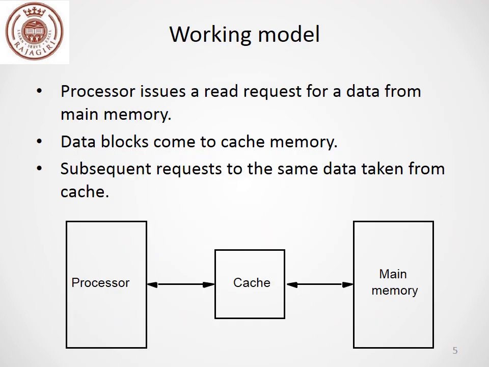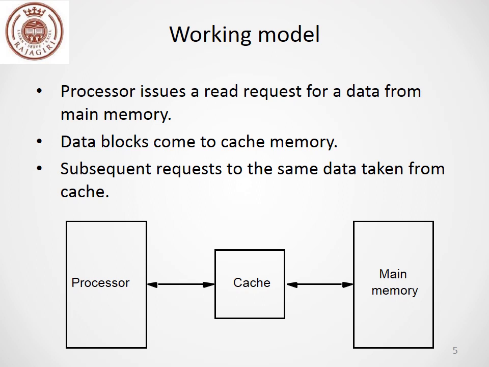Next, we'll see what is the working model of this cache memory. Suppose the processor wants to read some data from the main memory. The processor will issue a read request. When this read request is received, the data that is to be read, which is available in blocks in the main memory, will first be brought into the cache memory. And from the cache memory, the data will be provided to the processor.